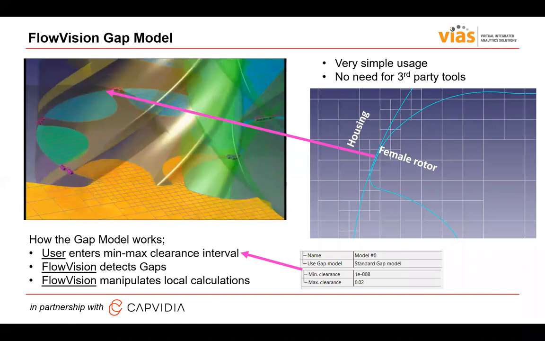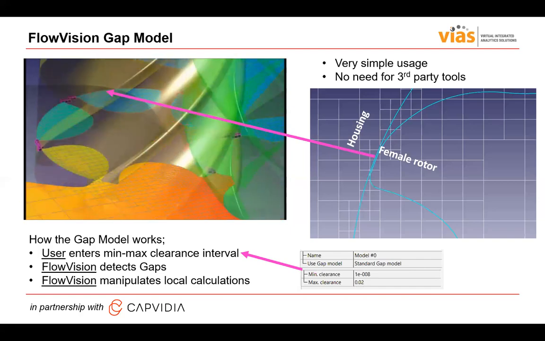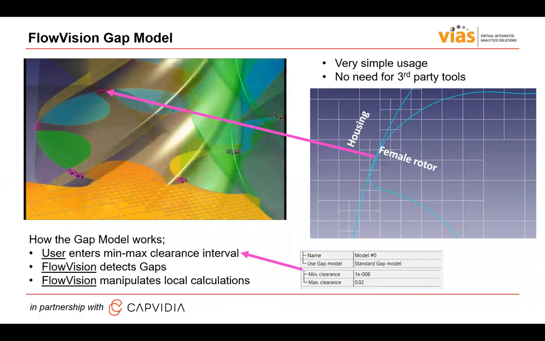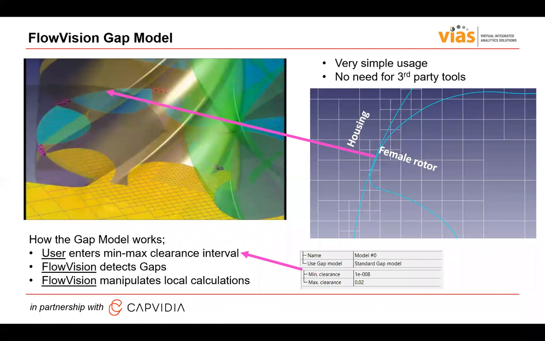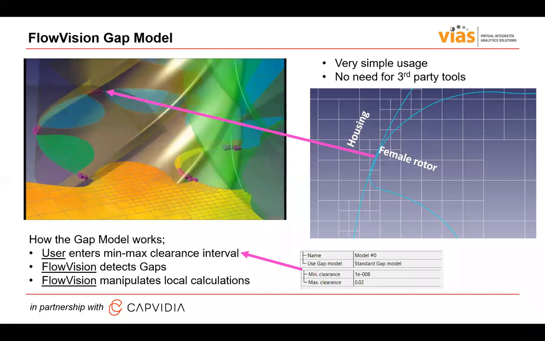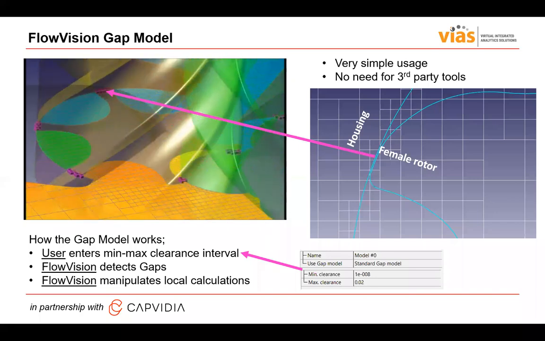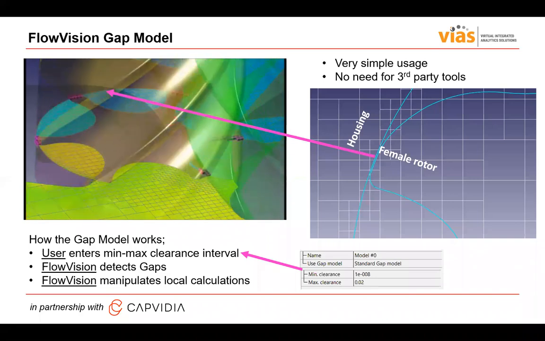So this is really changing the game if you have small clearances. And the good news is you can obviously use this with moving bodies, with multi-phase simulations, and you can still use the gap model with fluid-structure interaction cases, which is also very helpful, for example, in sealing applications.